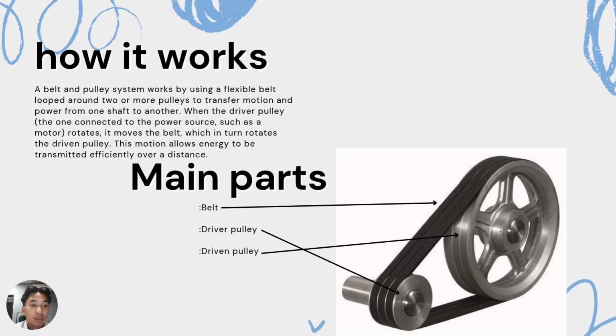When the driver pulley, the one connected to the power source such as a motor, rotates, it moves the belt, which in turn rotates the driven pulley. This motion allows energy to be transmitted efficiently over a distance.